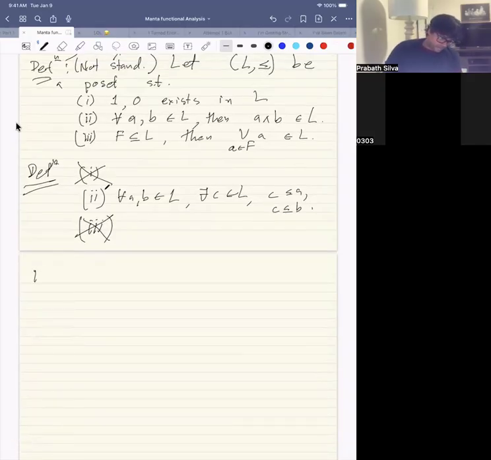But what I'm after is this theorem. Recall, I have a theorem like this.